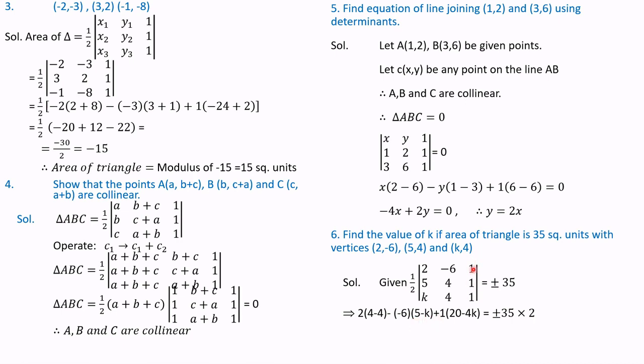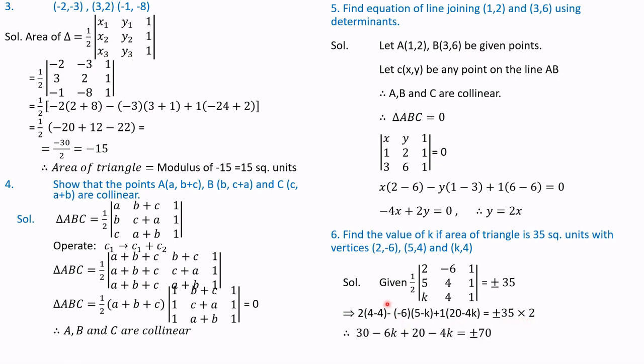Plus 1 as it is, into this, cancel the first row and second row, write the remaining terms. 5 into 4 is 20 minus 4k is equal to plus or minus 35 into this 2, we have cross multiplied with 35 and written here as into 2, that is plus or minus 35 into 2.